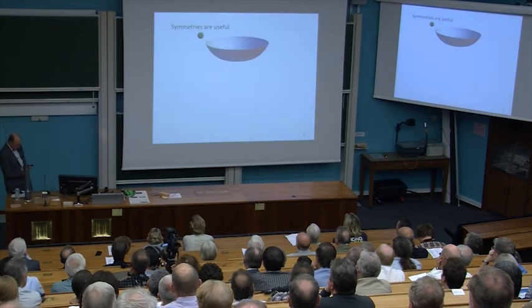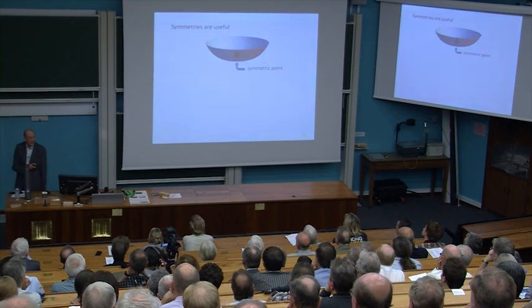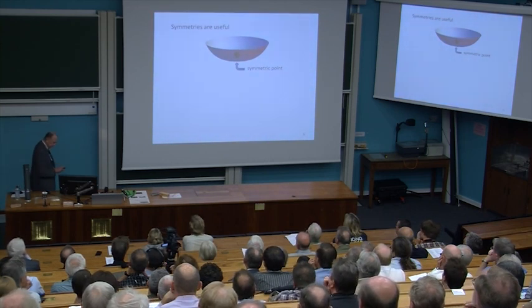You can do it, of course, but it's complicated. However, if you're only interested in where it comes to rest, symmetry will give you the answer. It has to be at the symmetric point, the lowest point of the bowl.